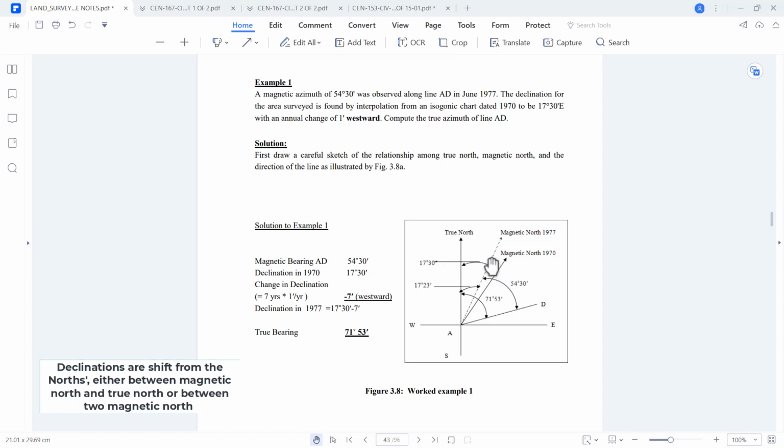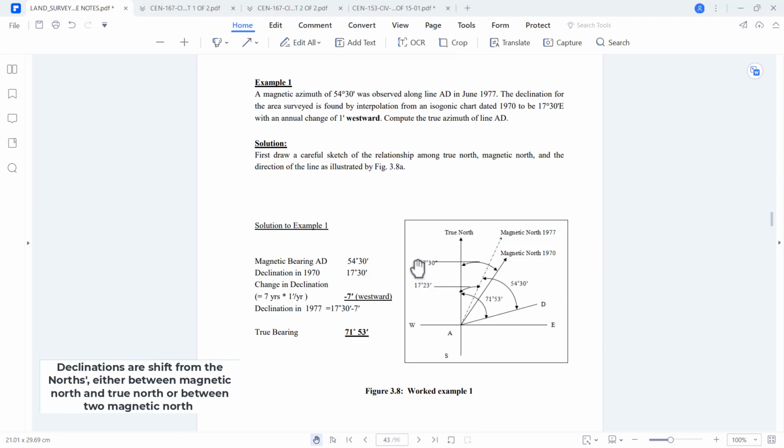And now for the east, we measure to the north. You have to measure from north, this one to the north. That's why you're having 17 degrees 30 north here. So the angle between the magnetic north in 1970 to the true north is 70 degrees 30 minutes. Do you get it?